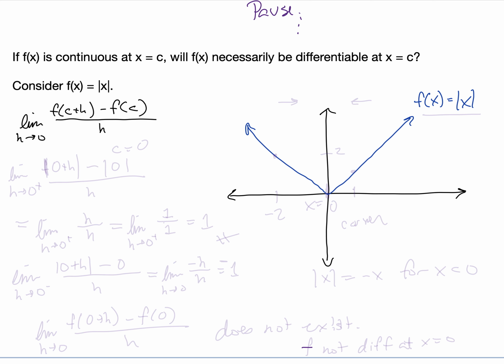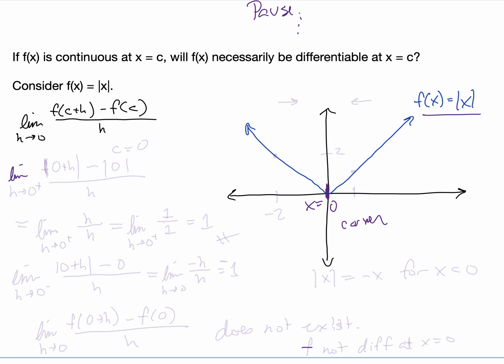So we'll first see that f of x is not differentiable at c if there's a corner at c. So here we have the function f of x equals absolute value of x, and here we have a corner at x equals 0. There's a corner here. And so let's think about this limit.